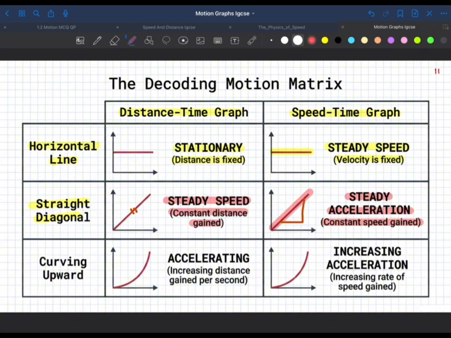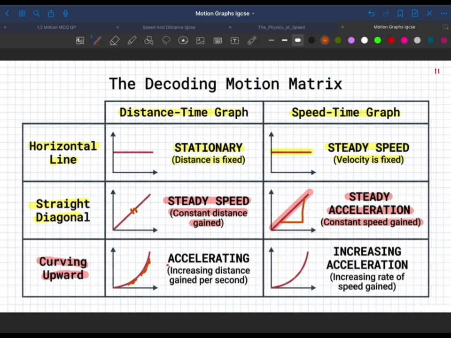In the case of your distance-time graph, if you have an upward curve, what will happen? As we have discussed, the gradient here shows you the speed, and the speed is constantly changing because the gradient is constantly changing.